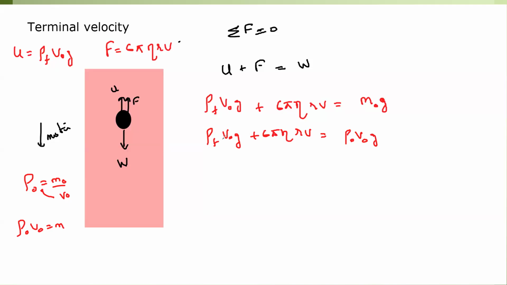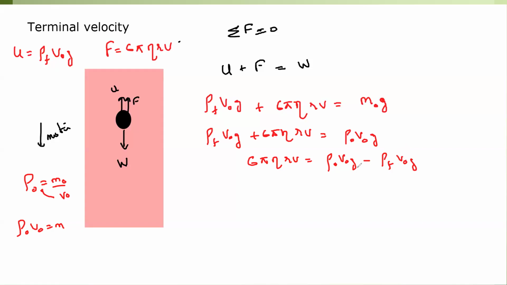Now, if I move the density term to the other side, I am left with 6 pi eta rv equals density of object times volume of object times gravity minus density of fluid times volume of object times gravity.